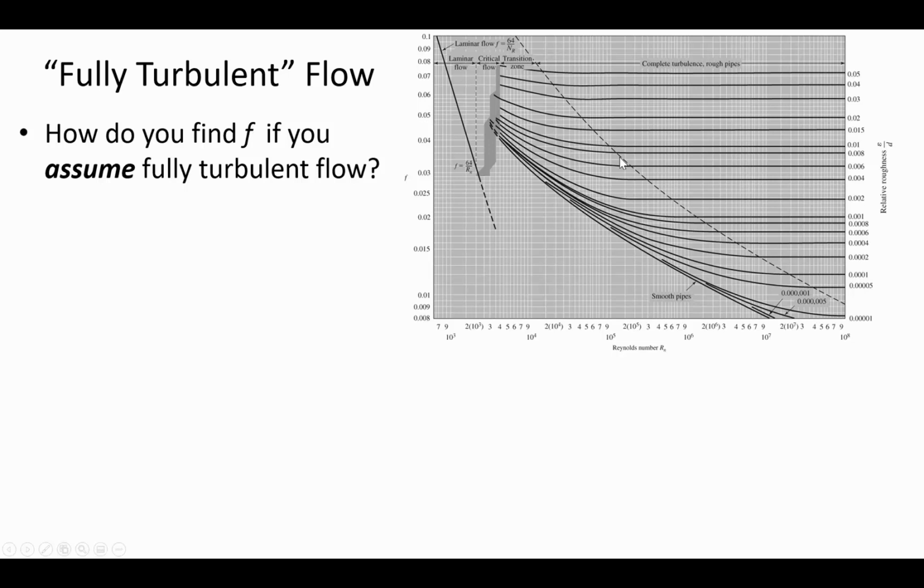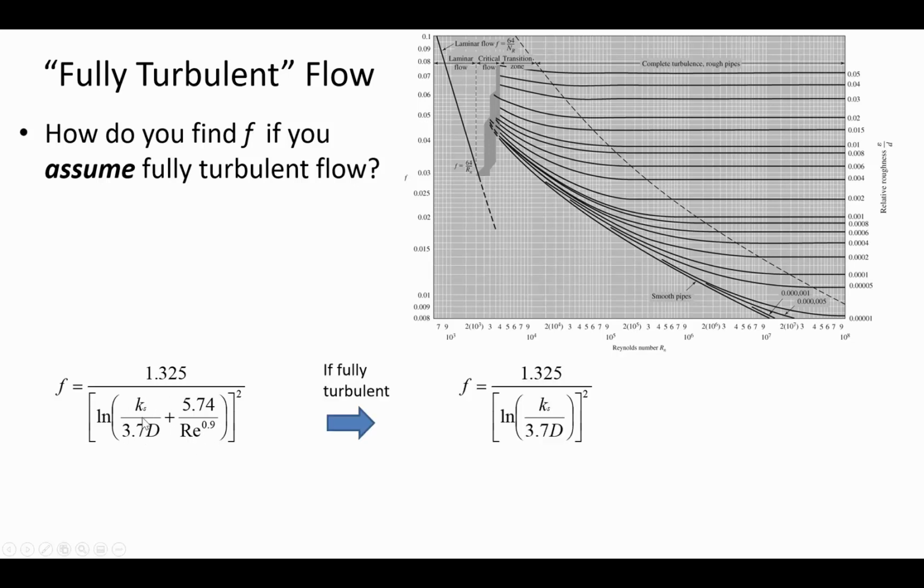So the way that you determine the f value when you're making that assumption is that if you use the Jain equation, you can cancel out the right-hand side term inside of the denominator, because you're assuming Reynolds number is big, and if Reynolds number is very, very large, that means that this expression is small relative to the ε over D term. So it simplifies the Jain equation when you make that fully turbulent flow assumption.